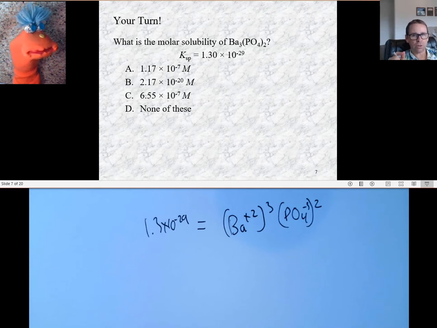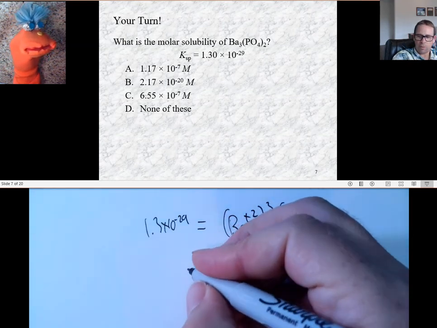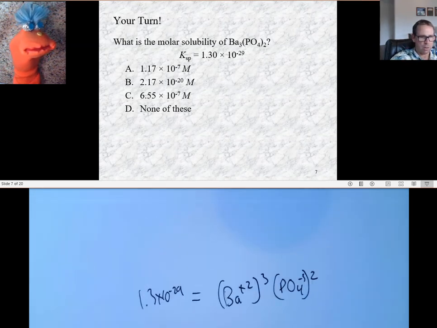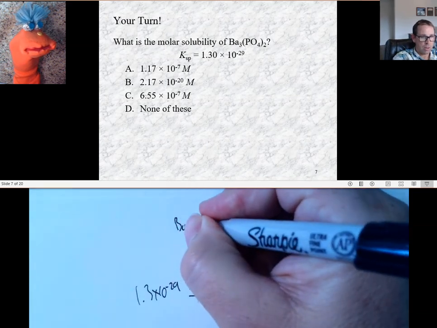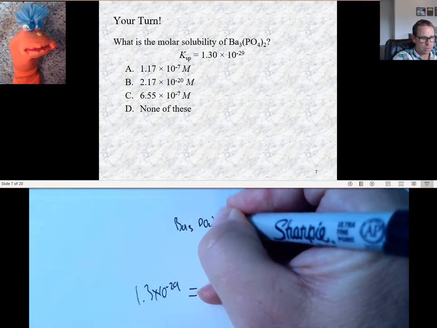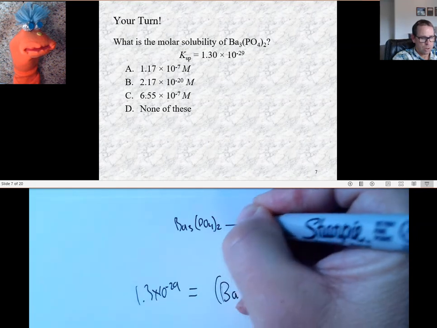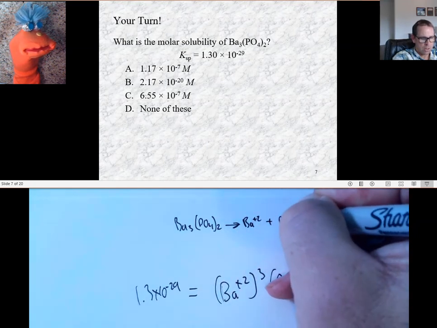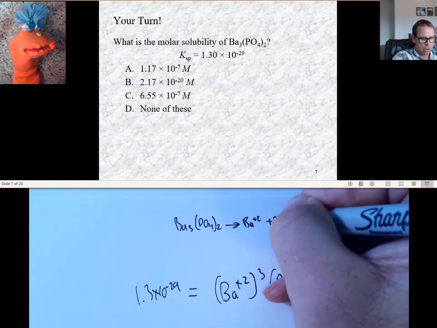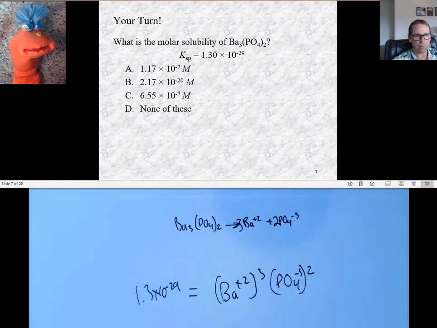Well, a good thing to do to help you remember is to use an ICE table. Okay. So the ICE table will kind of visualize it for us, right? So in the ICE table, essentially what we're doing is we're looking at barium phosphate dissociating into barium ion and phosphate ion, but there's 2 phosphates and 3 bariums, okay?